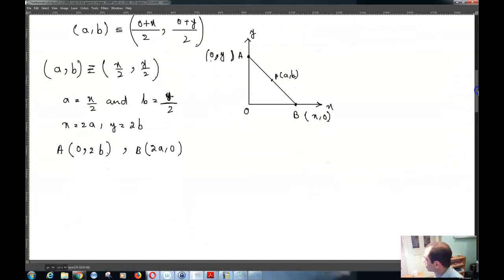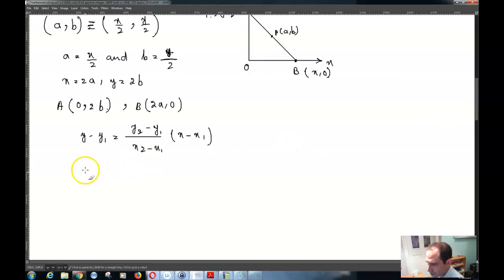So the line going through these 2 points is y minus y1 is equal to y2 minus y1 over x2 minus x1 times x minus x1. So I can write this as y minus 2b is equal to 0 minus 2b over 2a minus 0 times x minus 0.